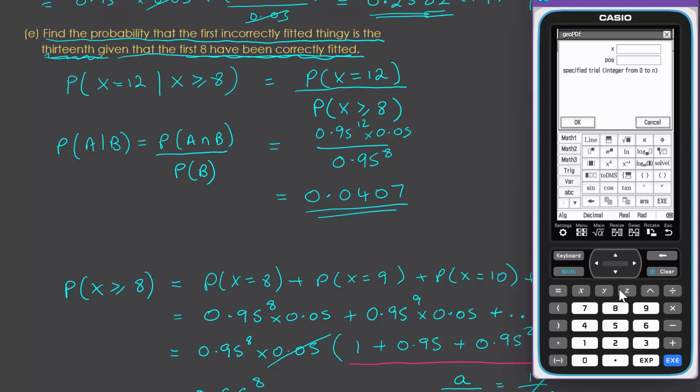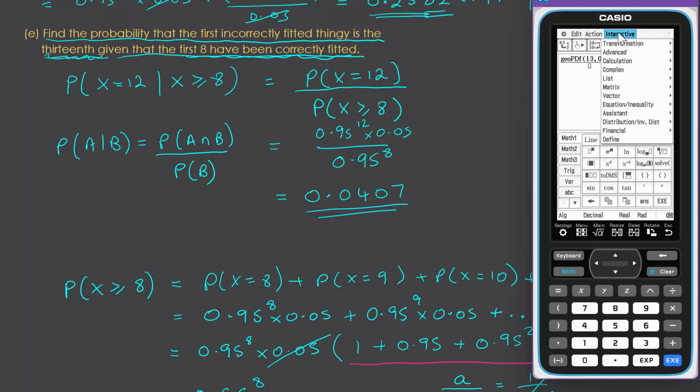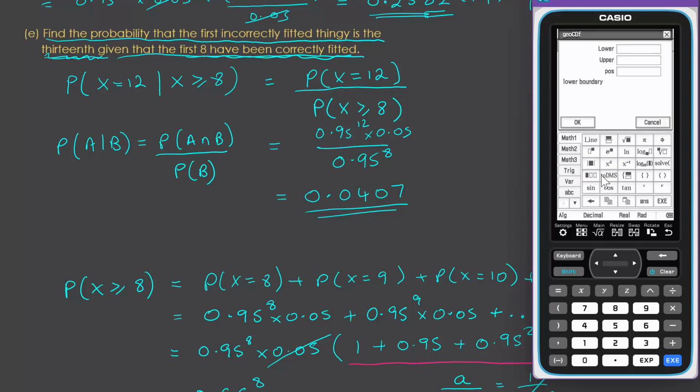Now remember, it's 1 up on this one, so that's 13 that we want rather than 12. Probability of success 0.05. Click OK. It's not going to like it because all we've done is fill in the numerator there, but we're going to put the denominator in now. And that is a CDF. And we're saying it's greater than or equal to 8.